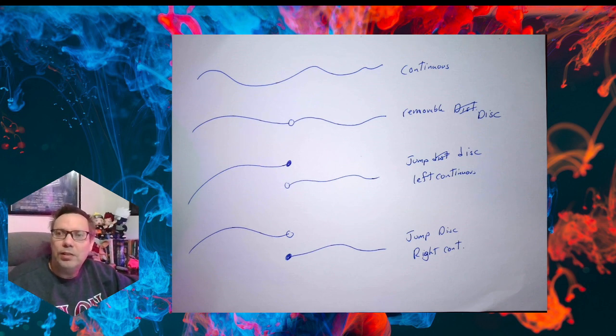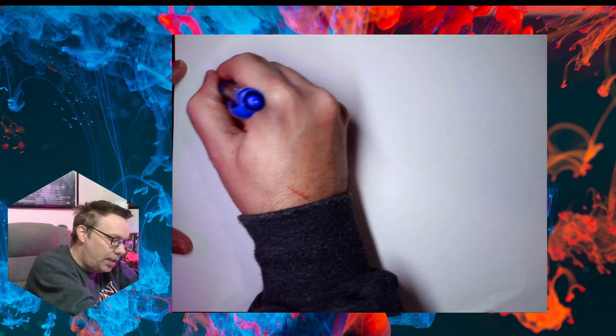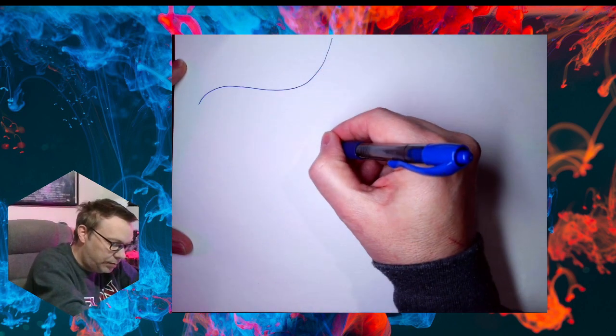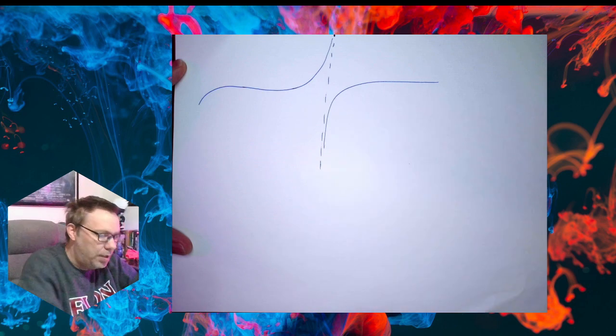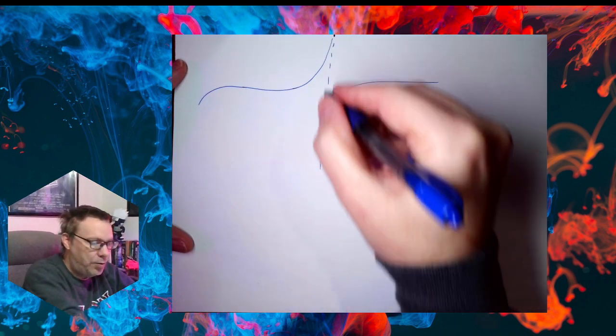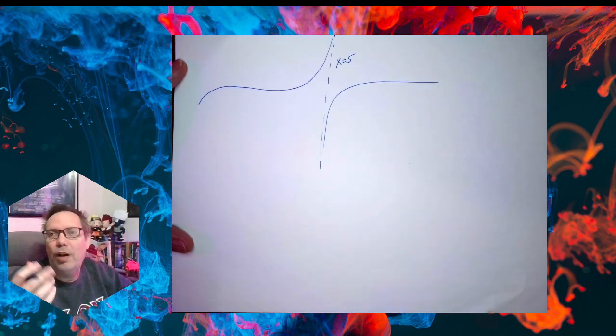There are a few other discontinuities that I'd like to talk about. One of the things you may have heard of is a vertical asymptote. Those are graphs that kind of look like this. And there is some asymptote there, and we normally label this like x equals, I'm just going to pick the number 5.